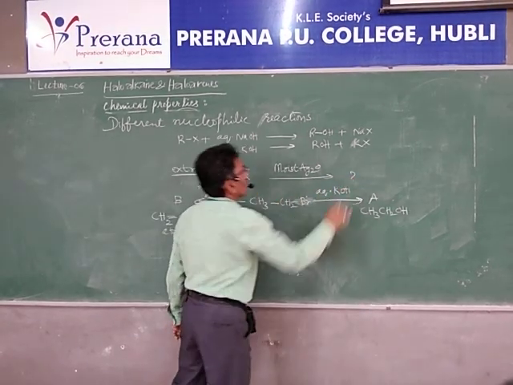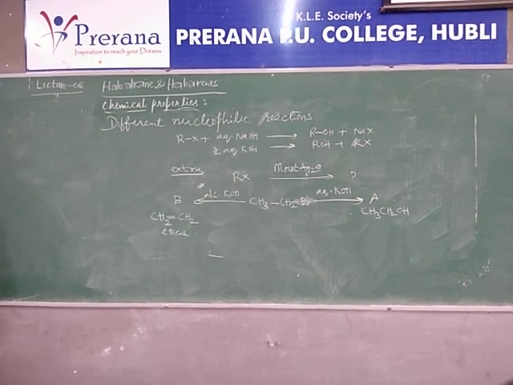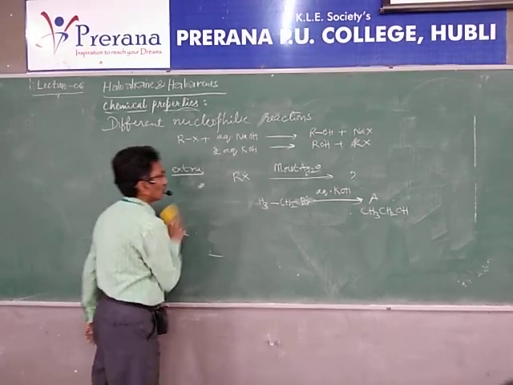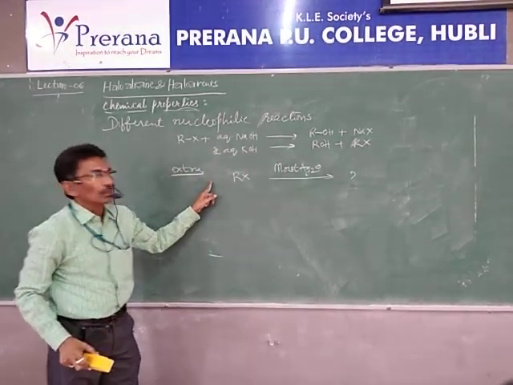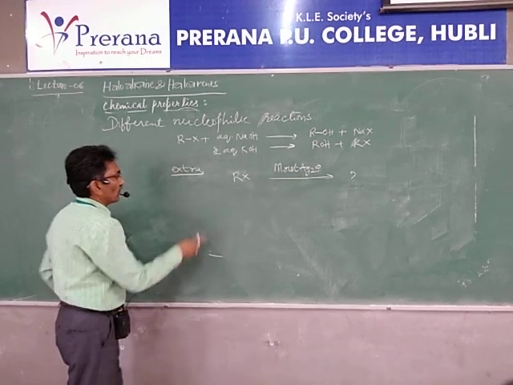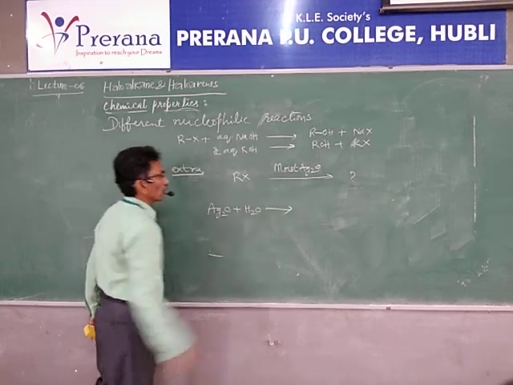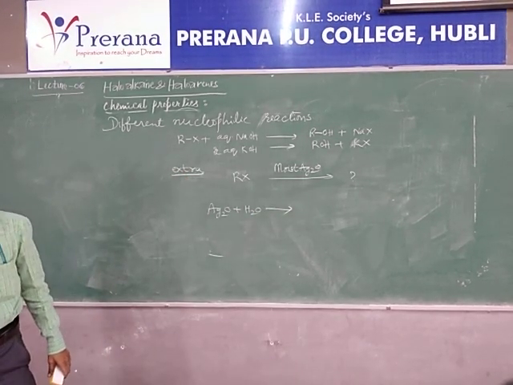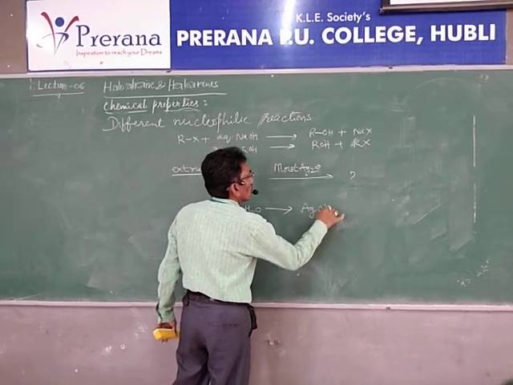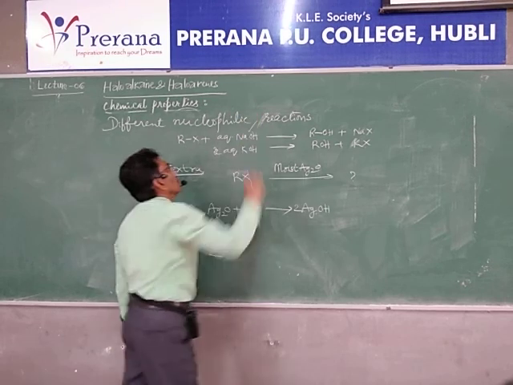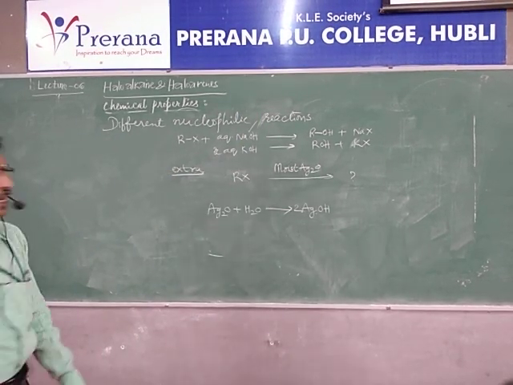What will happen is not available in NCERT but possible to take as extra information. Before reacting with RX, Ag2O first reacted with moisture and formed a compound. What are you expecting? AgOH is formed. AgOH behaves like NaOH. Then your answer is very clear and easy.